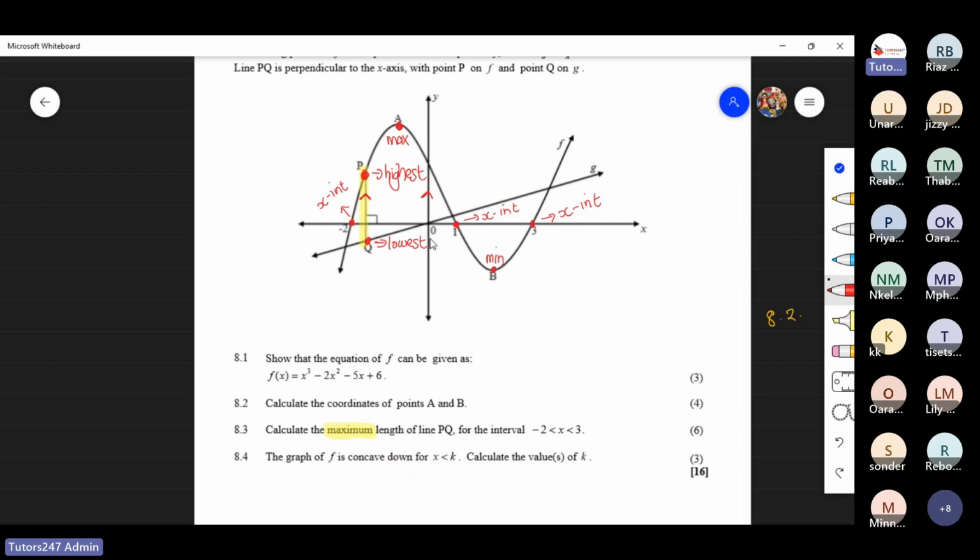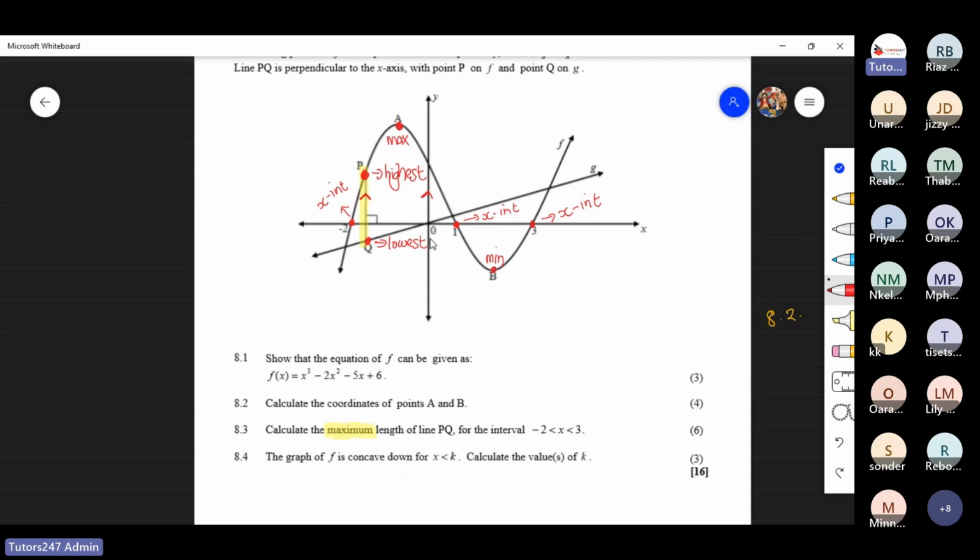But what do we know outside of the y values? We know that P is a point on the cubic function and Q is a point on the straight line function or the linear function. So if you do not know the values of the highest and the lowest points, all you need to do to find the length of a vertical line is take the top function minus the bottom function.